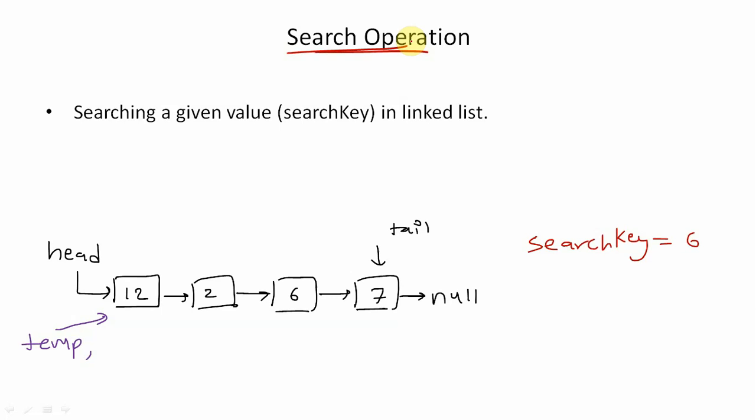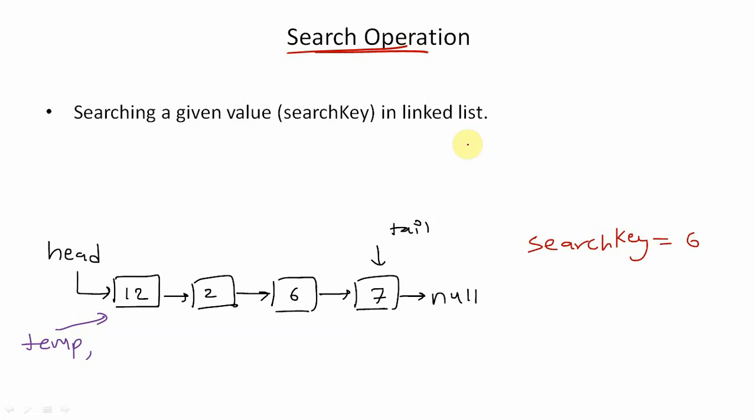If the search key is present, you will find the node containing the search key. Otherwise, temp will reach the end of the linked list, meaning at some point temp will become null. So either you stop when you find the search key, or you stop when the temp is null.